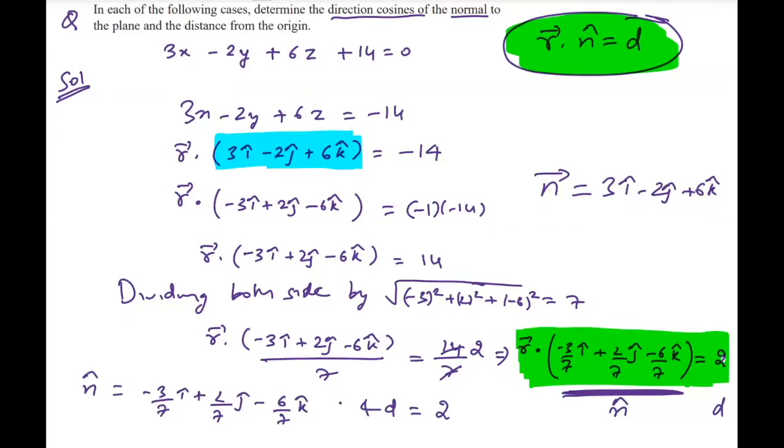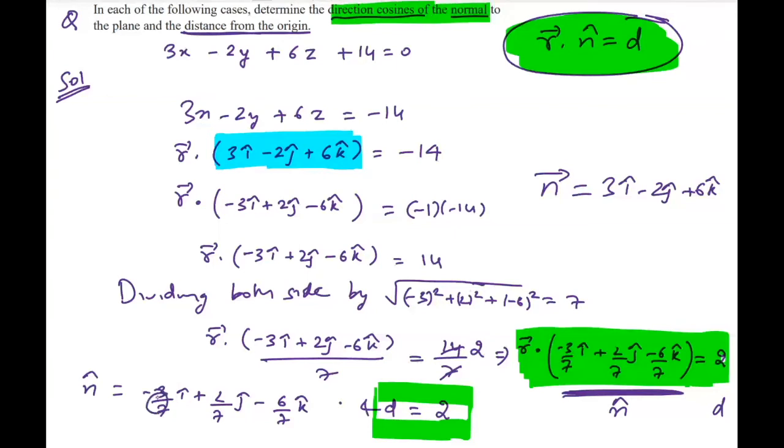We have to find the distance of the plane from the origin. This is the distance of the plane from the origin. And we need to find the direction cosines of the normal vector. That can be easily seen in the unit vector of that vector. So this is the unit vector of the normal vector, so this is the direction cosines.